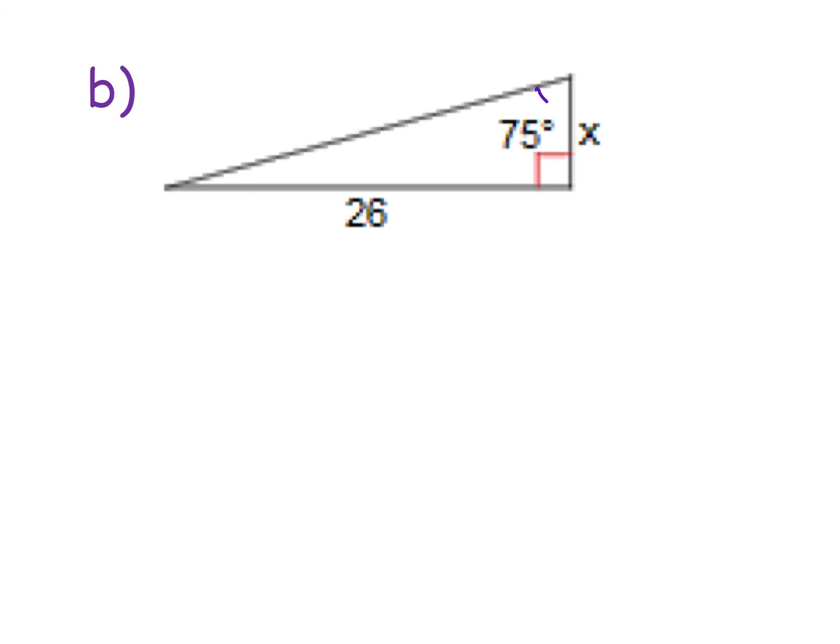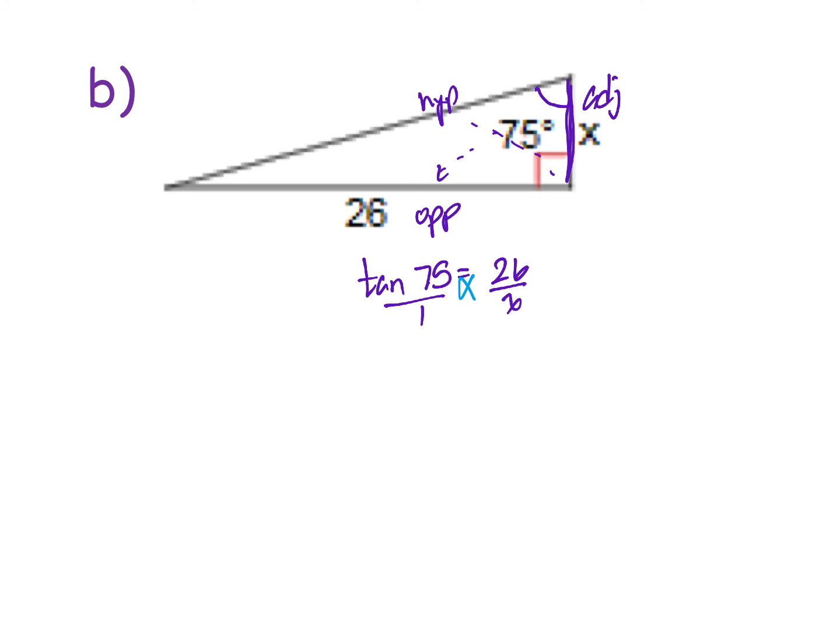Okay, B. This is my angle. There's no hypotenuse, so this is my side opposite and this is my side adjacent. So we're going to do tangent. Tangent of 75 is going to equal 26 over x.